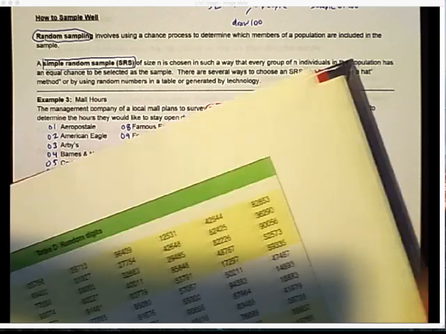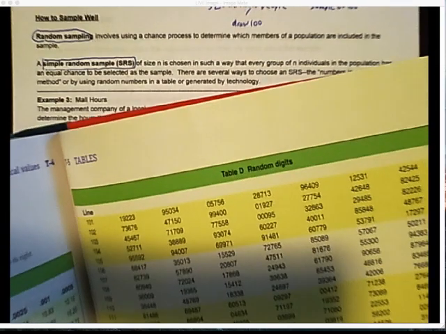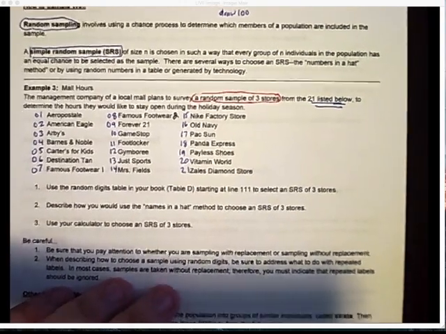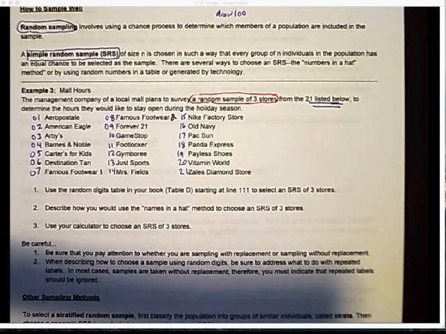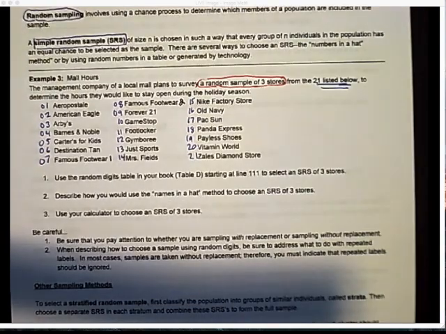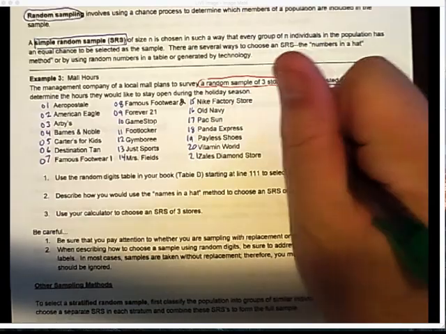All right. So here's the random digit table. It's table D. If I start on line 111, I'm just going to write down the first few numbers in that table. So in table D, starting on line 111, I just picked that at random.